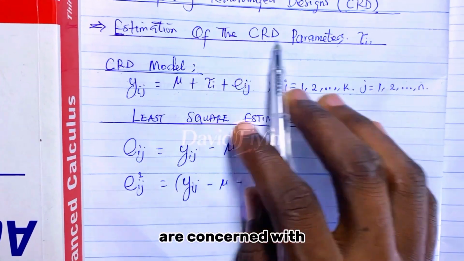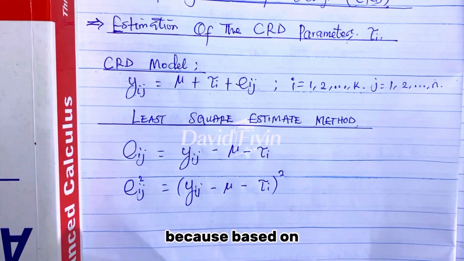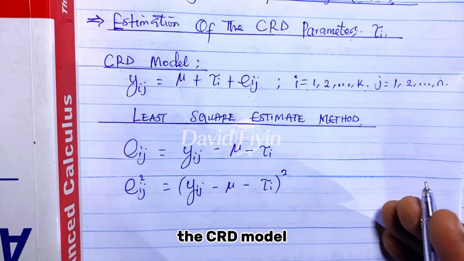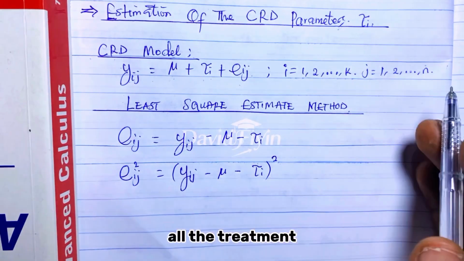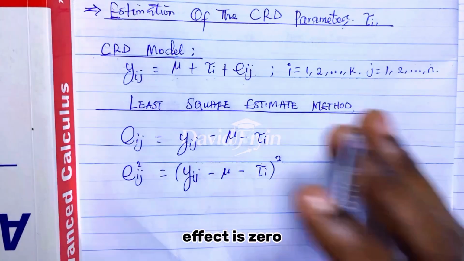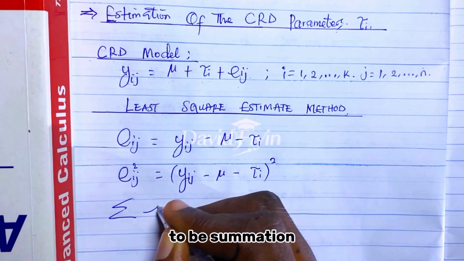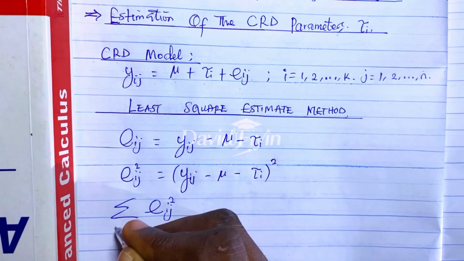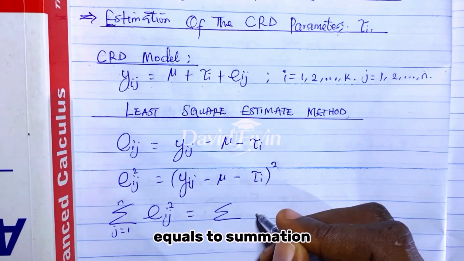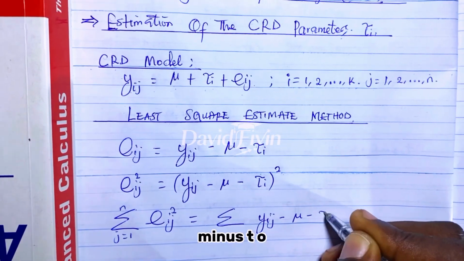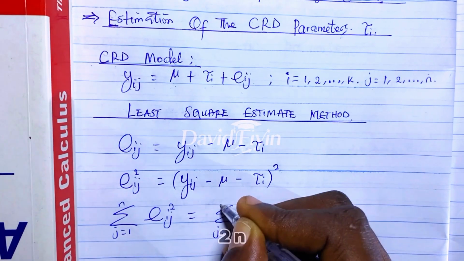Since the parameter that we are concerned with is tau i, we sum over j. We do not sum over i because, based on the assumptions of the CRD model, the summation of tau i over i gives us 0. The sum of all the treatment effects is 0. So we sum over j. What we then have is the summation of Eij squared, j from 1 to n, equals the summation of Yij minus mu minus tau i, all squared, j equals 1 to n.